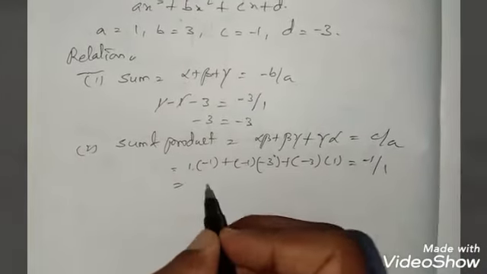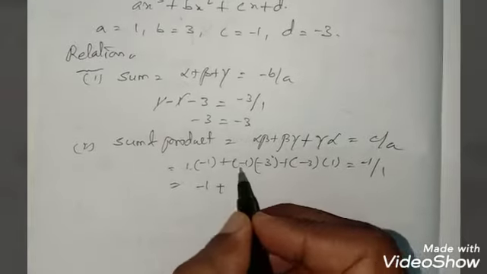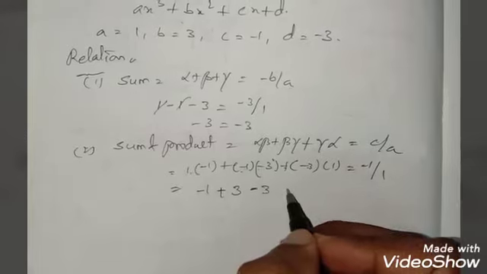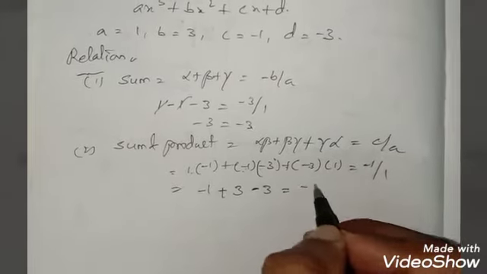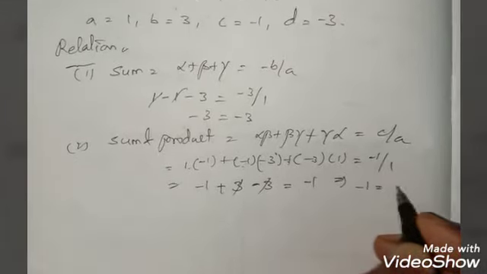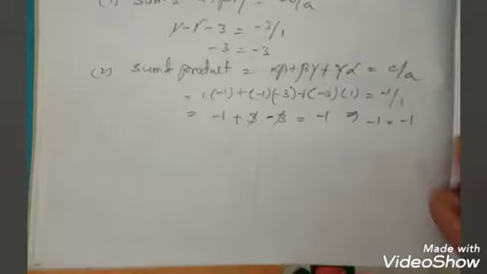Here 1 into minus 1 is minus 1, minus 3 into minus 1 is plus 3, and minus 3 into 1 is minus 3. Plus 3 minus 3 cancel, so the answer is minus 1 is equal to minus 1. So the second one is also satisfied.